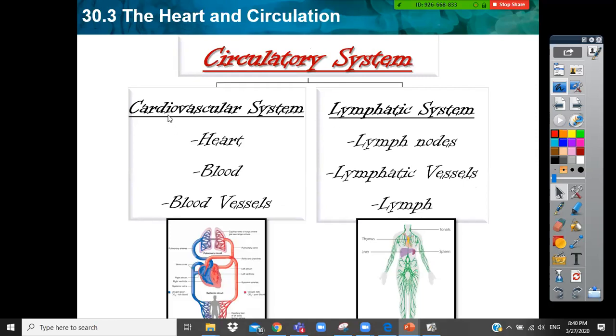Cardio, which is the heart, vascular, which means the blood vessels, is made out of the heart, the blood vessels, and the blood that circulates within both of them. Now, the lymphatic system contains the lymph nodes, the lymphatic vessels, and the lymph. The lymphatic system will be taken later, inshallah, separately in another lesson.